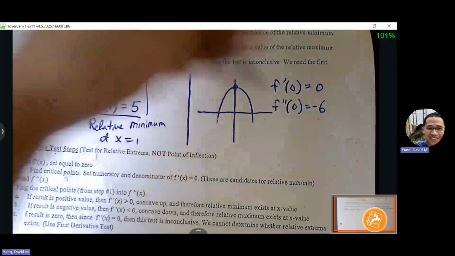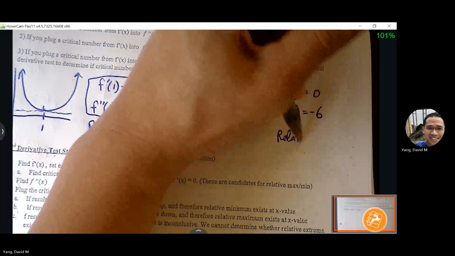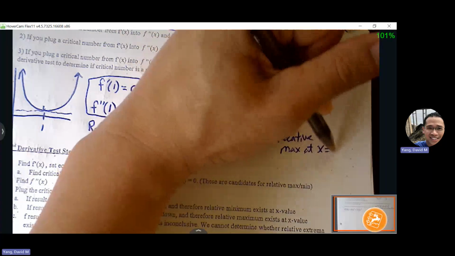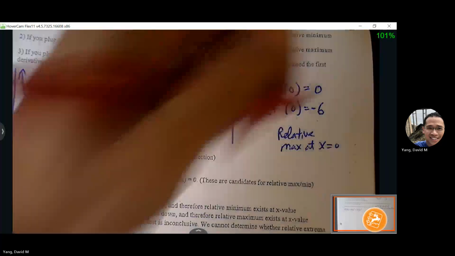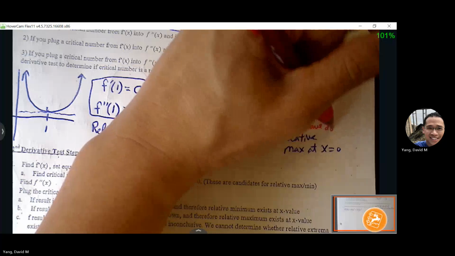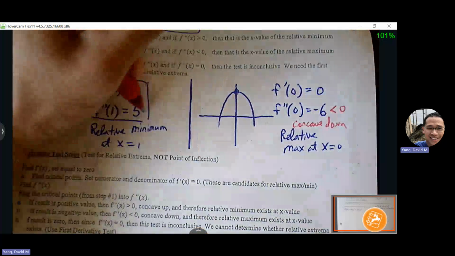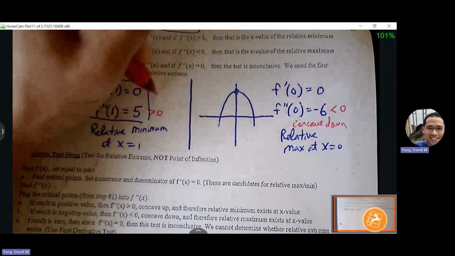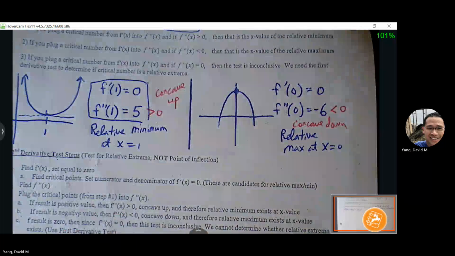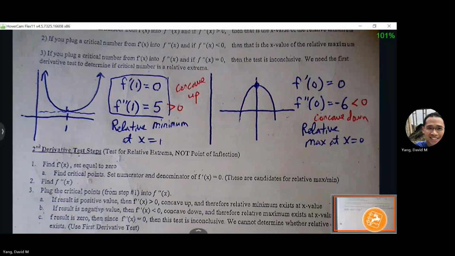So since the graph is concave down, I'm going to be expecting a relative max at x equals 0. So concave down because my f double prime is less than 0, and concave up over here because f double prime is greater than 0. Okay, does that make sense so far?